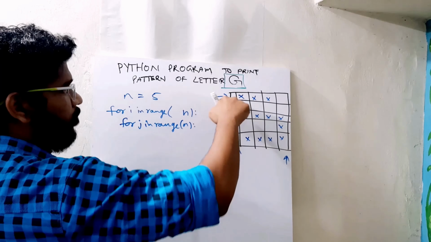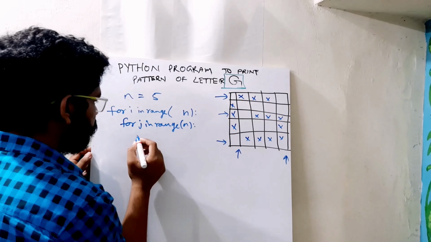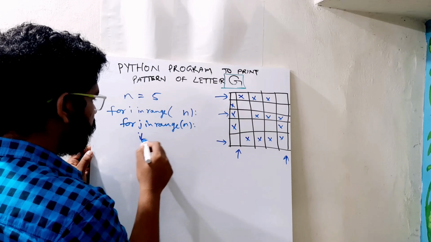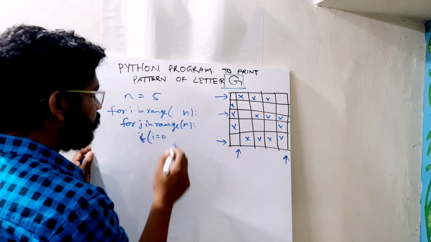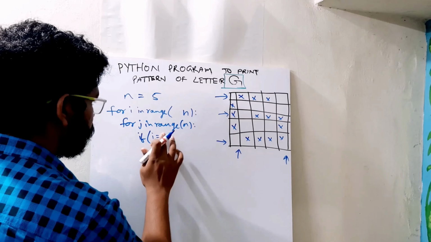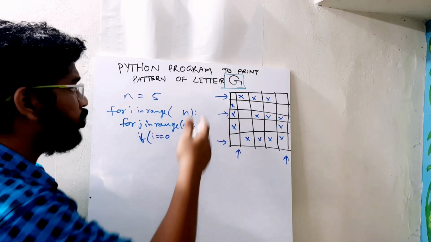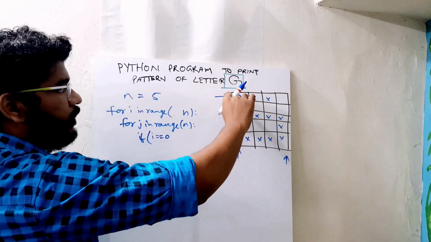So first I said I will print the first row and last row. So what are the conditions of the first row? If I am writing the conditions of printing the first row, if i equal to 0, that is the first row, we would print all of these, but we don't want all of them.